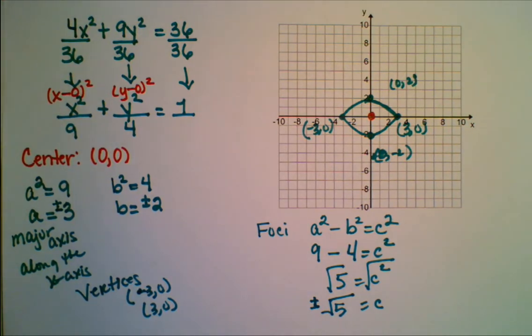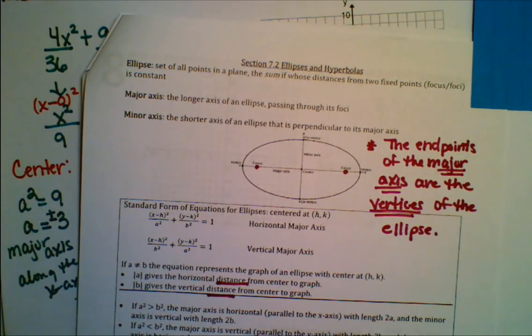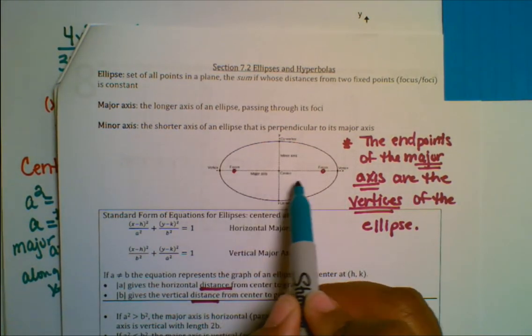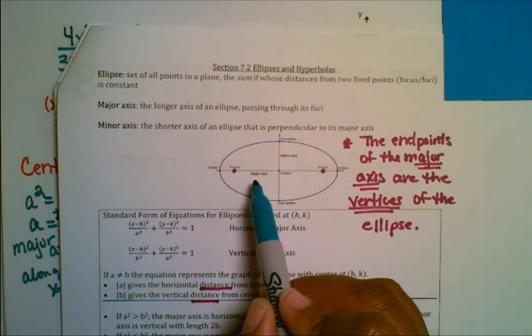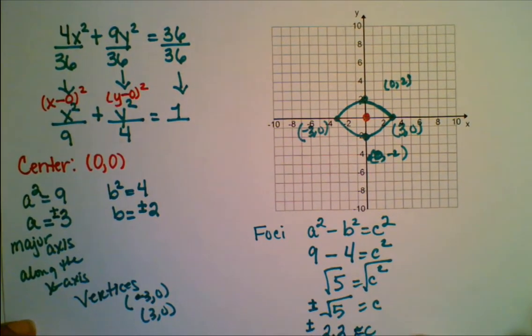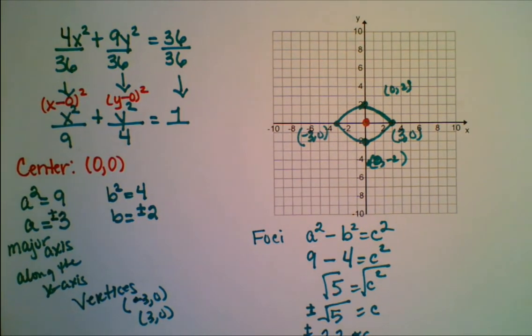Remember, going back, the foci will always be on the major axis. So the square root of 5, let's just write it to 1 decimal place, as an approximation: 2.2.